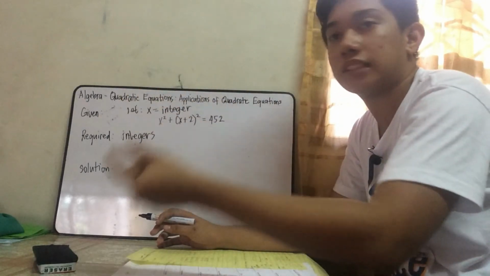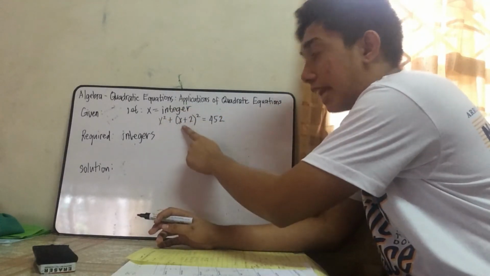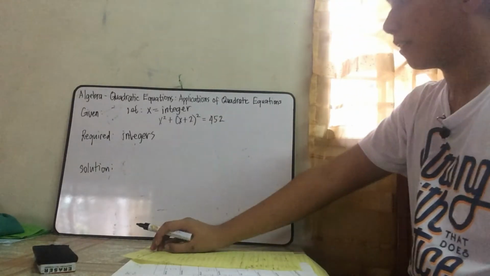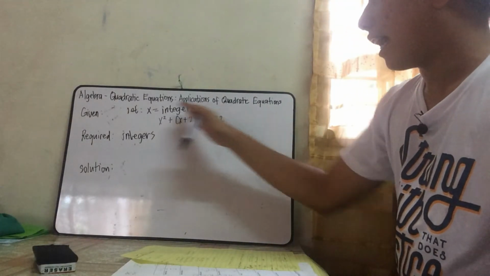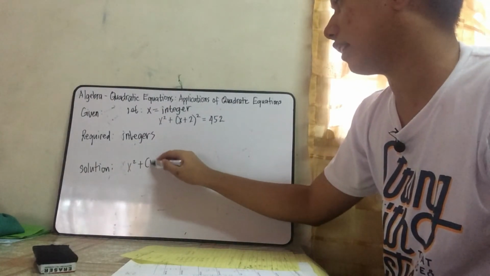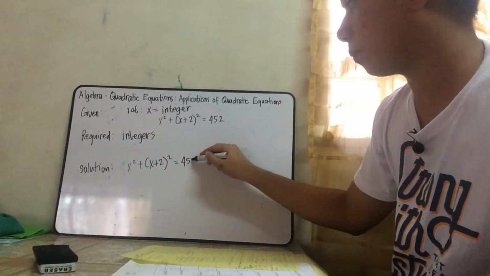So, kung even, di ba, magsa-skip counting ka ng 2. So, x plus 2. Okay? So, yun na yung integers natin hinahanap. Then, this is the equation that we will use. So, x squared plus quantity x plus 2 squared is equal to 452.